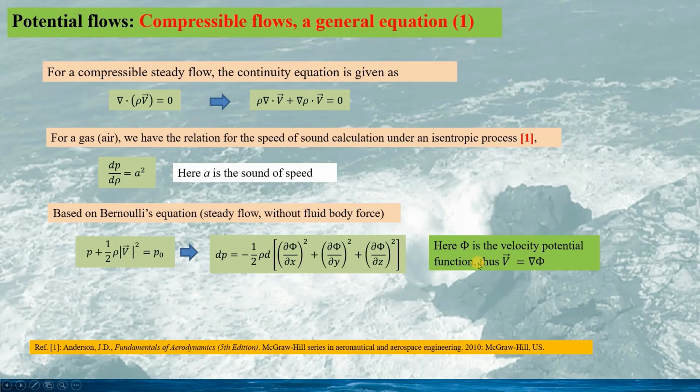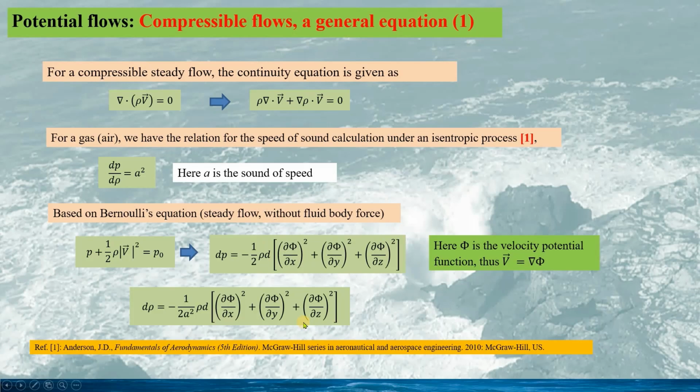Here, we note the actual pressure change is mainly caused by the velocity potential. In fact, this expression can be obtained from the Euler equation directly, but for simplicity, we use Bernoulli's equation. As such, we can obtain the density change d rho given by this expression.